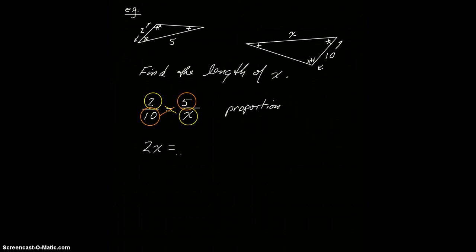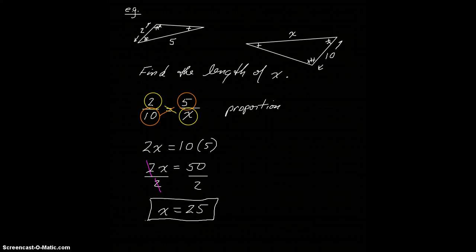So 2 times x is 10 times 5, or 2 times x is equal to 50. Divide both sides by 2. These 2's cancel. I'm left with x is equal to 2 into 50 is 25. So the distance x is 25 units. I didn't tell you what the units were, so we'll just say it's 25. Great.